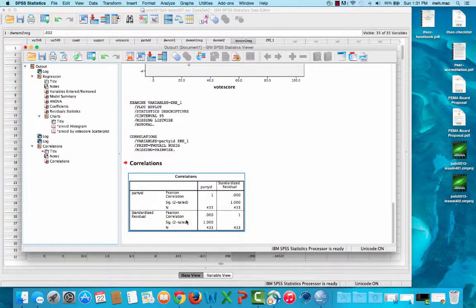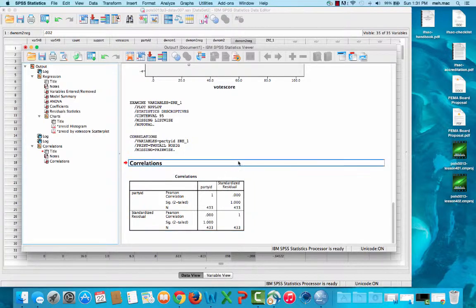Notice my Pearson correlation between party ID and the standardized residual of this model is 0. So I've met that assumption. The model completely purged the beta parameter from the residual, and that's good.